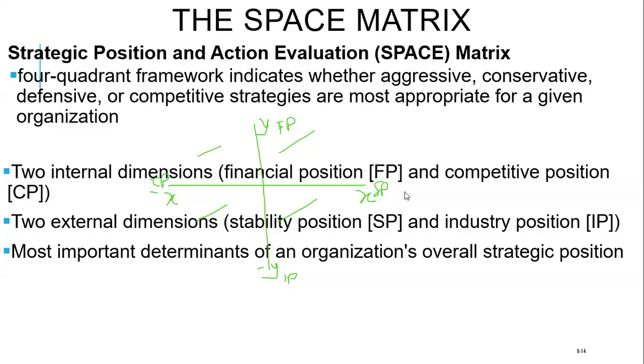Some of the metrics that can be used to assess a firm's industry position or their industry attractiveness are the growth potential of the company and the profit potential of the company.